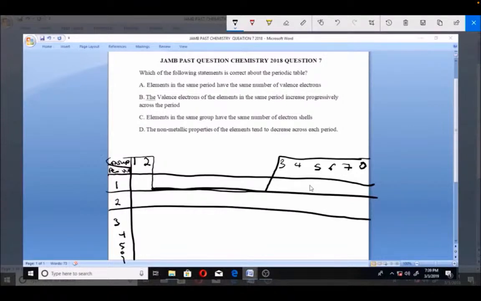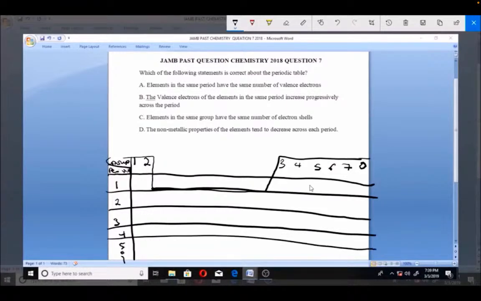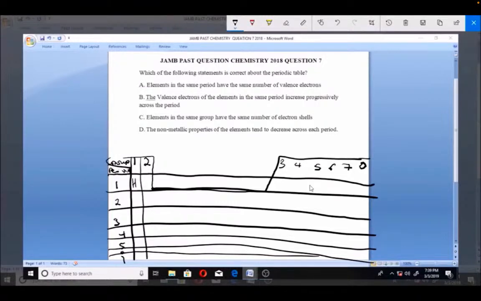Now, in this periodic table, you have the arrangement of elements according to their atomic numbers. So here we have hydrogen. This is how the periodic table looks, a rough sketch of what the periodic table is.